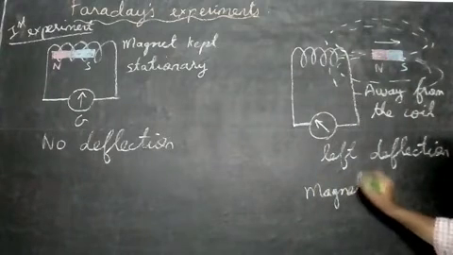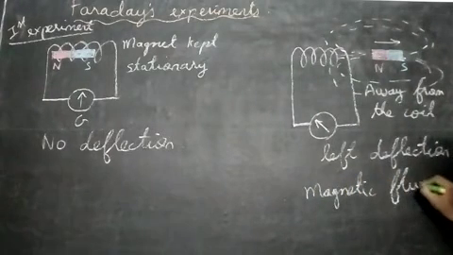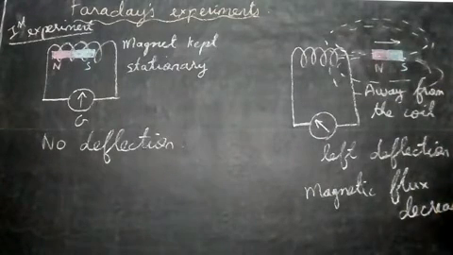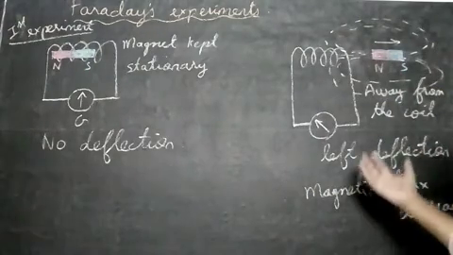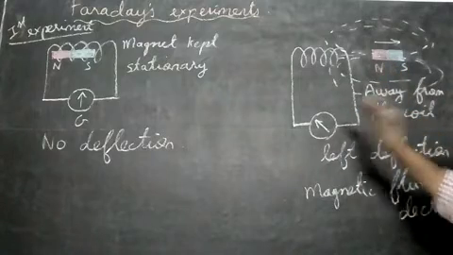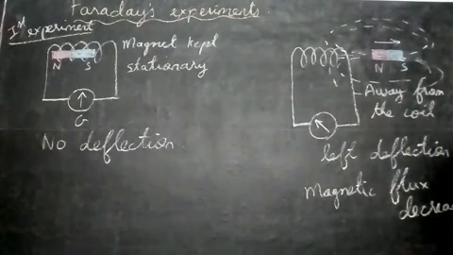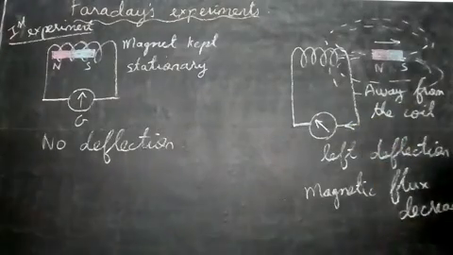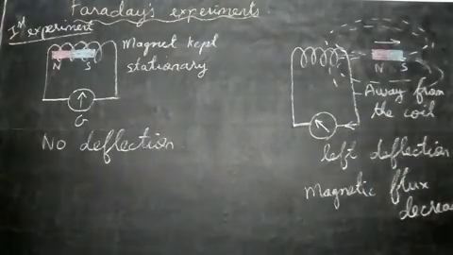The magnetic flux decreases, which means there is a change, and because there is a change, a current is induced. But you see, the direction of current is towards the left side. This is about the fourth picture.